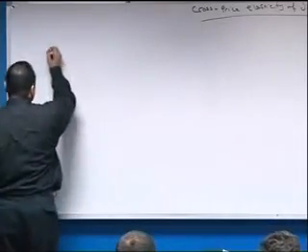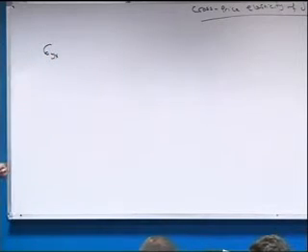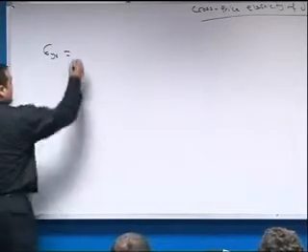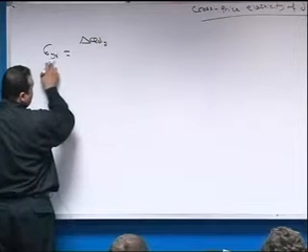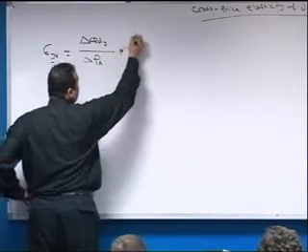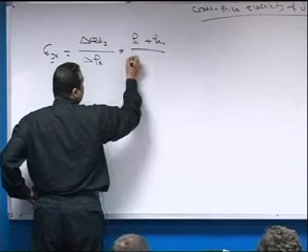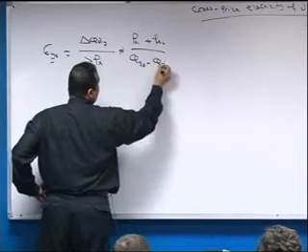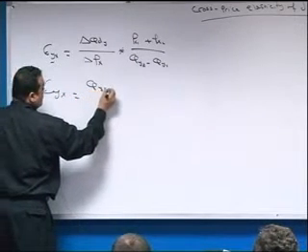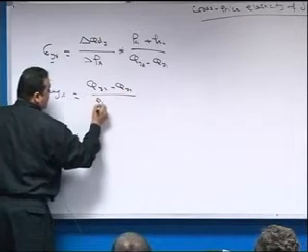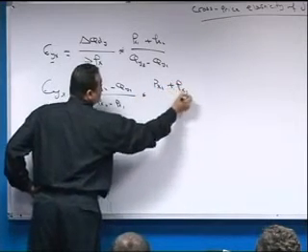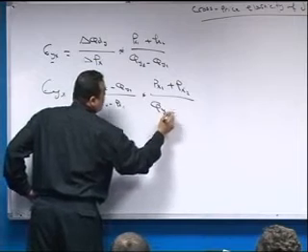So E_YX equals, we are going to use the midpoint formula directly: delta Q_D of Y over delta P_X times (Px1 plus Px2) over (Qy1 plus Qy2). Or E_YX equals (Qy2 minus Qy1) over (Px2 minus Px1) times (Px1 plus Px2) over (Qy1 plus Qy2).